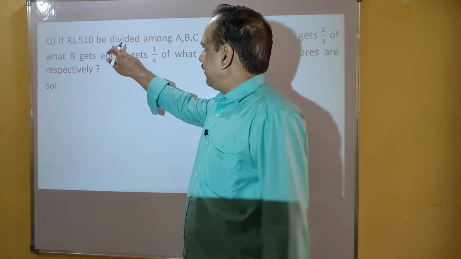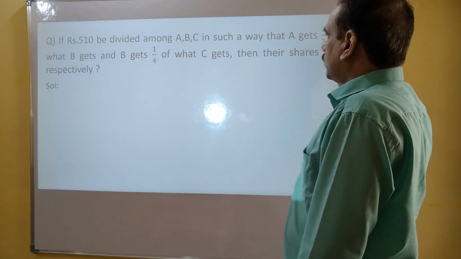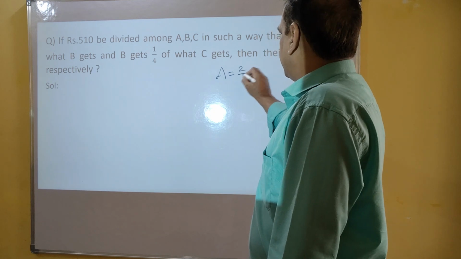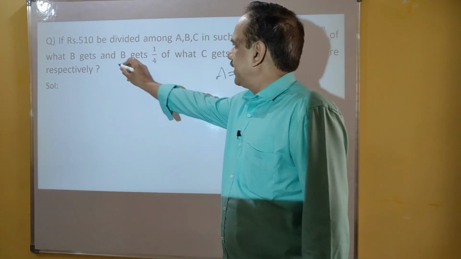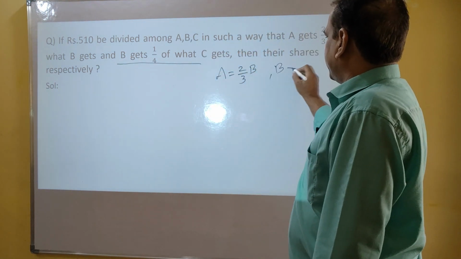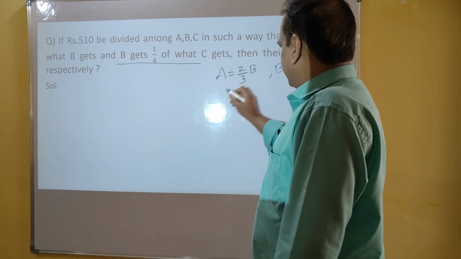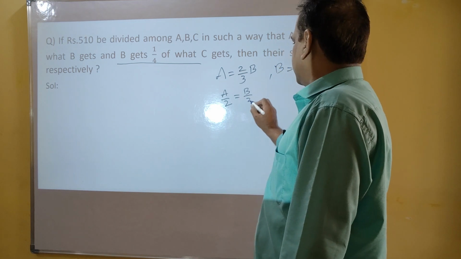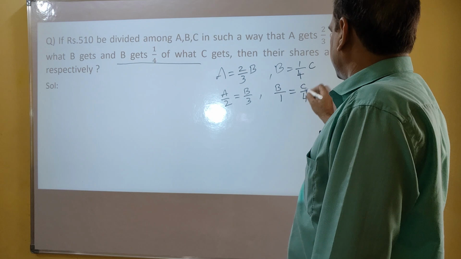If 510 is divided among A, B, C in such a way that A gets 2/3 of what B gets, and B gets 1/4 of what C gets. So from this you can write A by 2 equals B by 3. From this we can write B by 1 equals C by 4.